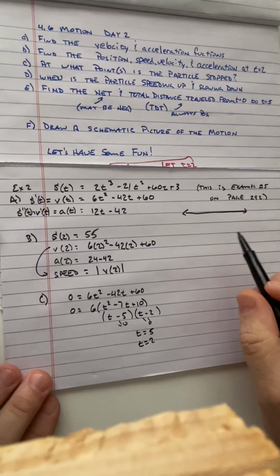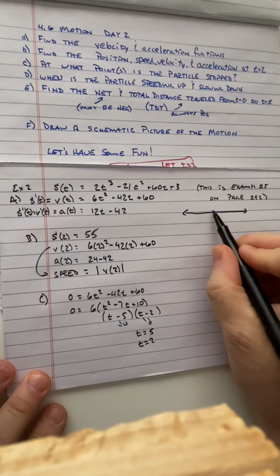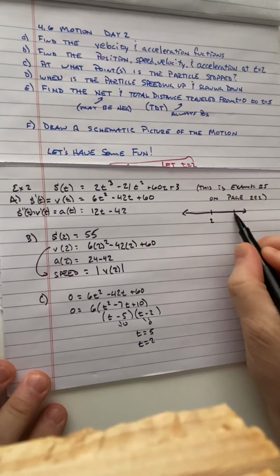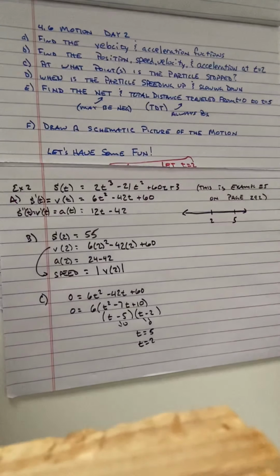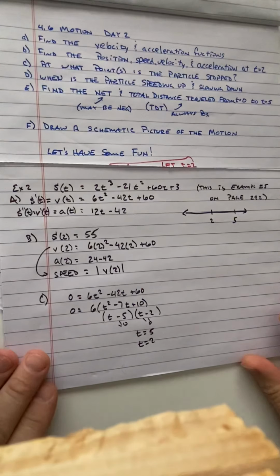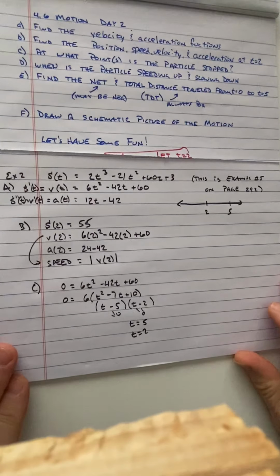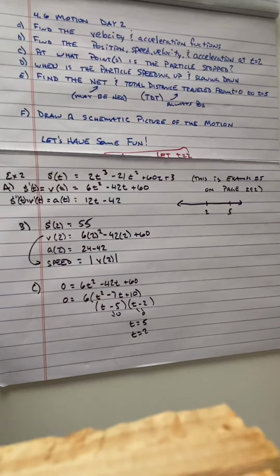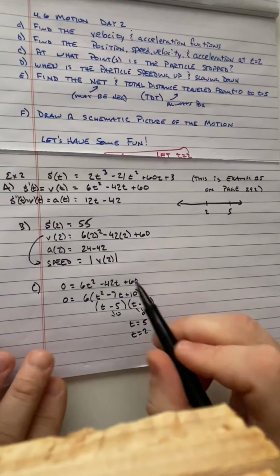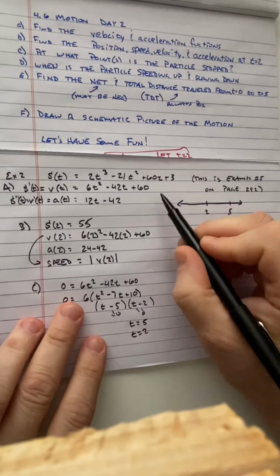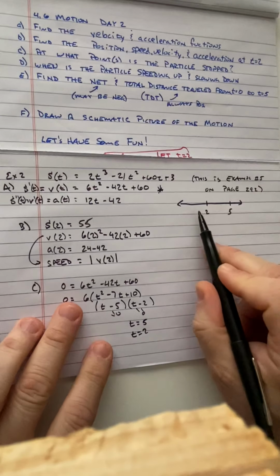Let's put those on a velocity testing number line, 2 and 5. When we put 2 and 5 on the velocity testing number line, we can test the nature of the velocity leading up and on the other side of those points. Again, use the velocity testing machine when you're doing that.